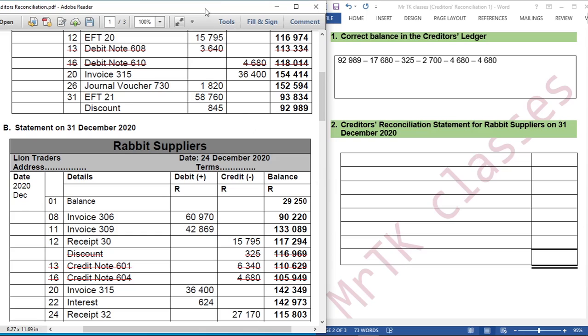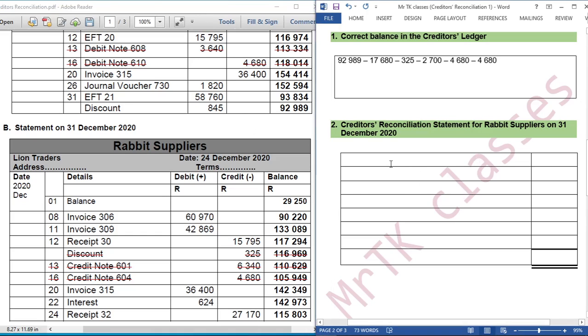All right, then let us come here and say balance as per suppliers statement.